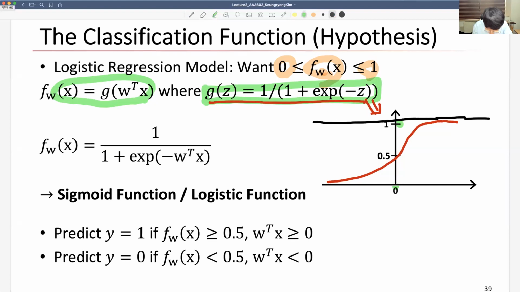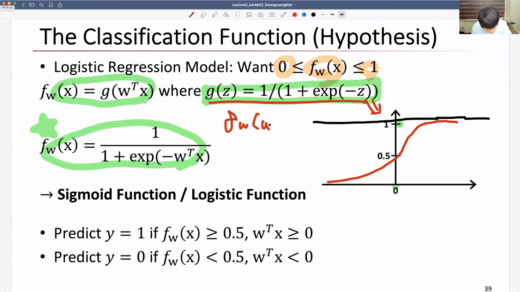So we can rewrite our mapping function like this. If you remember the mapping function in linear regression, it was just like this one, but compared to this one, now we have a nonlinear term here. Actually, this one is called the sigmoid function or the logistic function.